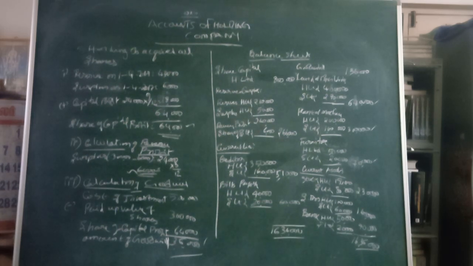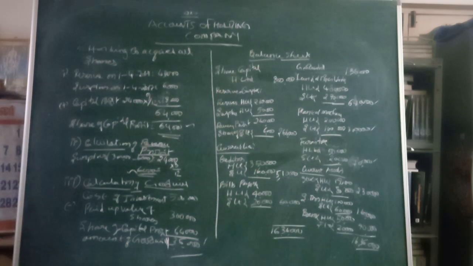So the balance of profit is 24,000. The 6,000 was available on 1/4/2017, clearly given. The profit earned after 1/4/17 is 24,000.